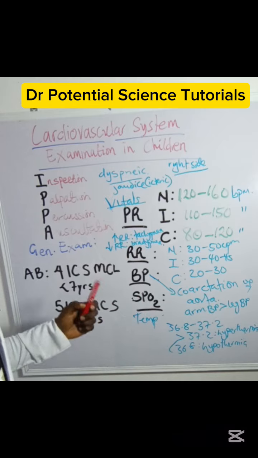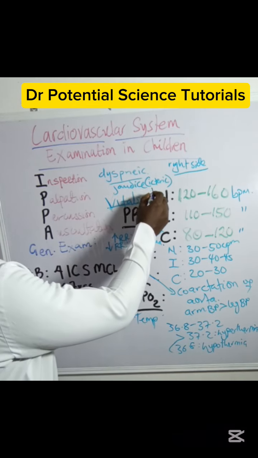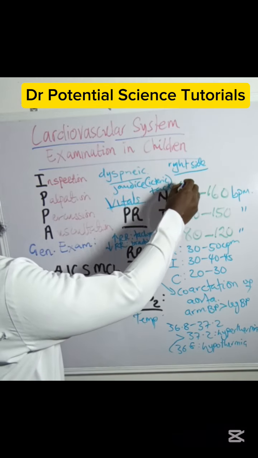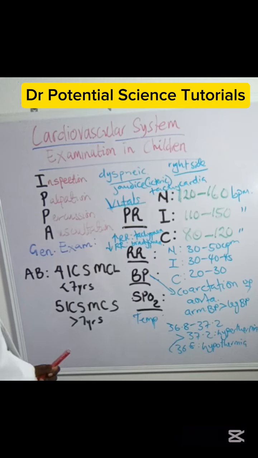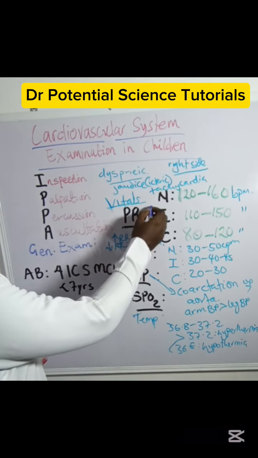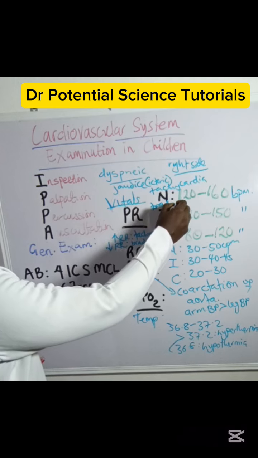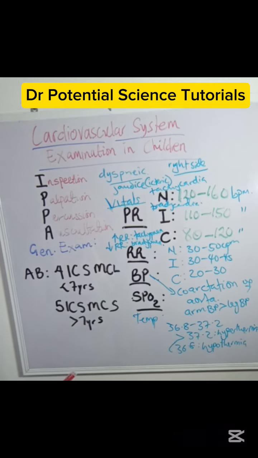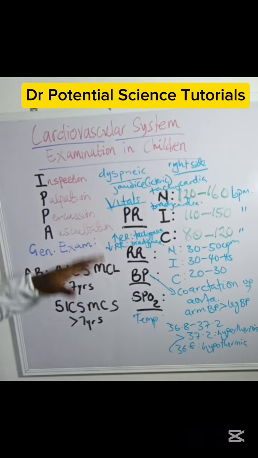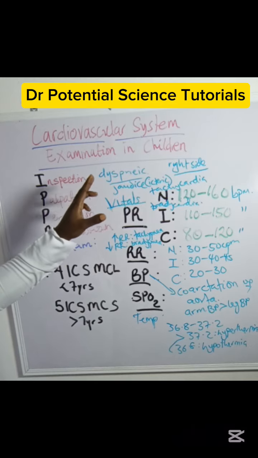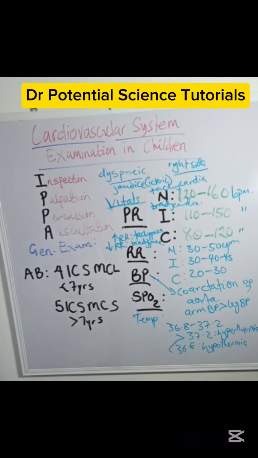For pulse rate, if it is higher than normal, we say the patient has tachycardia. And if it's lower than normal, we say the patient has bradycardia. So that is under the general examination and the vitals check.